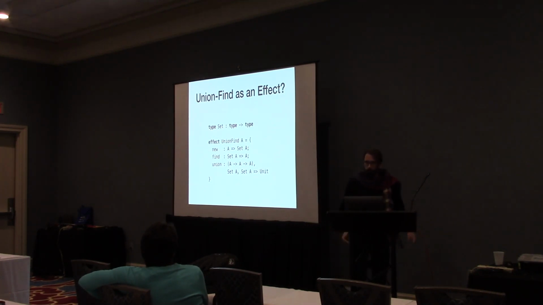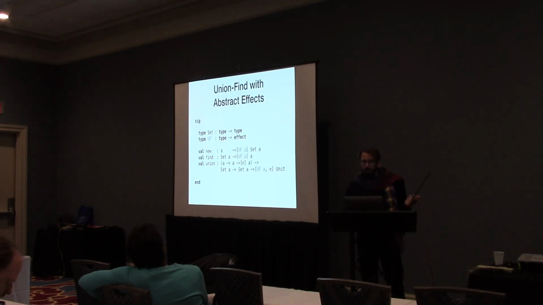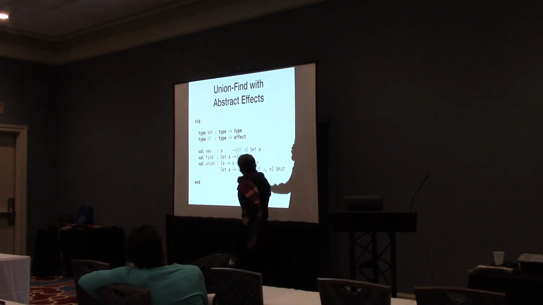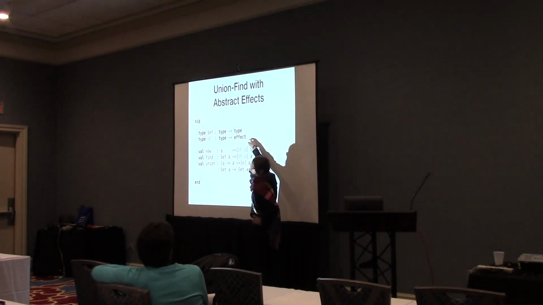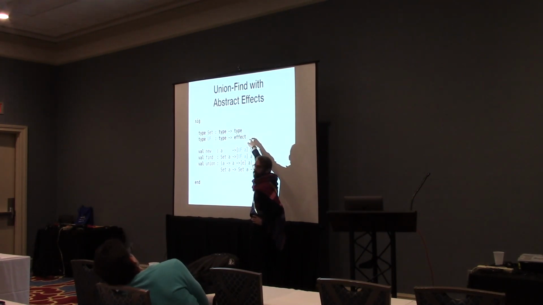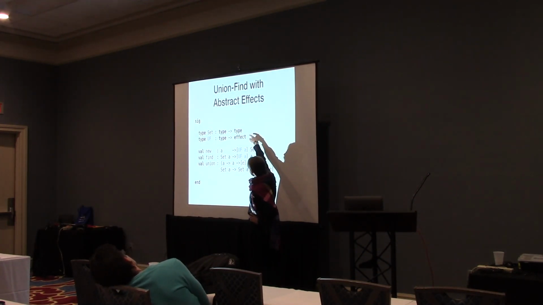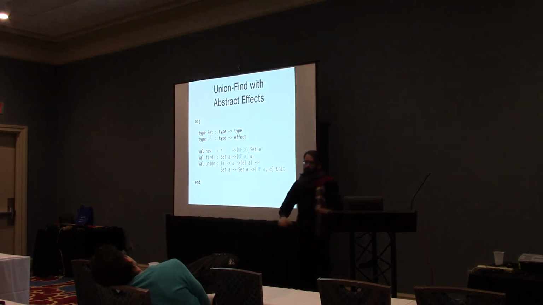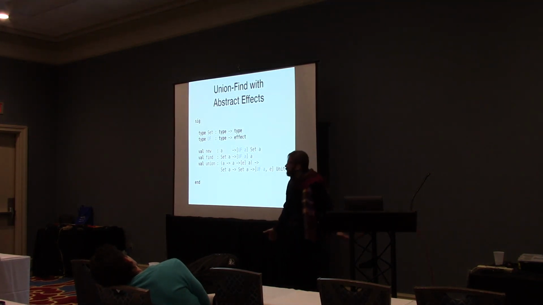We need something more. And so, what we propose in this case is to extend the sorts of signatures for modules that we can write in a method. So we add another type constructor, or rather effect constructor. So we say we have an abstract type of sets and an abstract effect UF, which we don't know what it is.